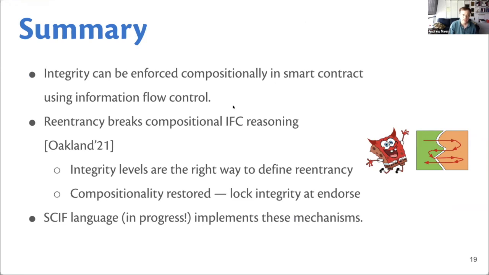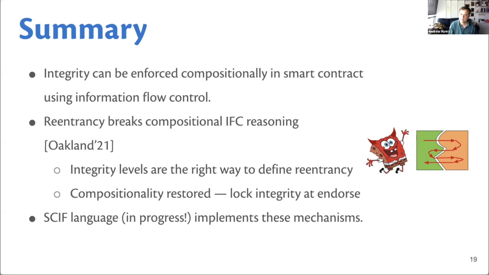And then I showed you that the conventional information flow control stuff that people have been working on since the late 70s doesn't quite work for smart contracts because of reentrancy. And what we showed in our Oakland paper is that nevertheless, we can use information flow integrity to think about reentrancy in a more precise way.